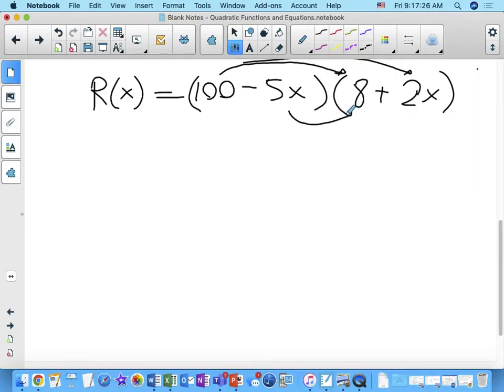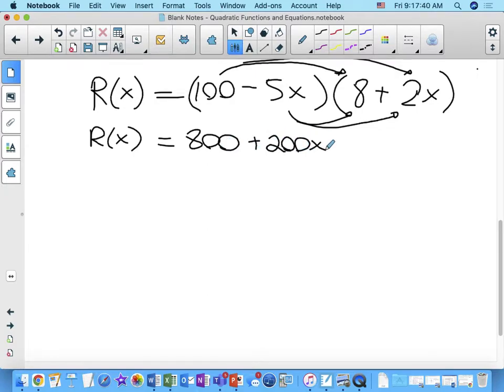and multiply these out. Right, so R of x equals 100 times 8 is 800, and then plus 200x, and then minus 40x, and then minus 10x squared.